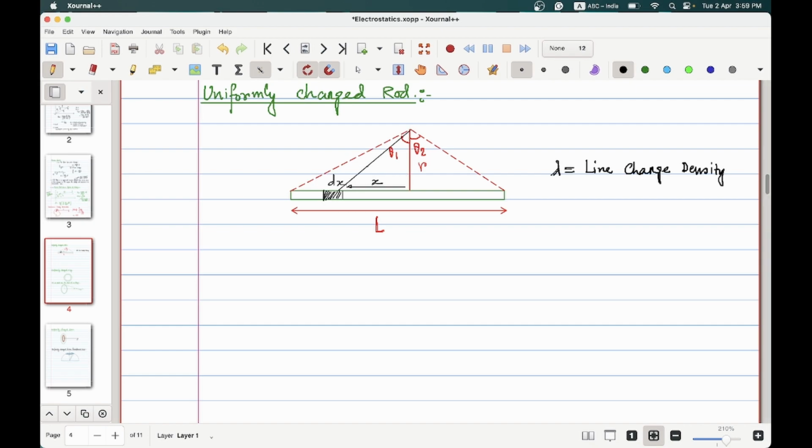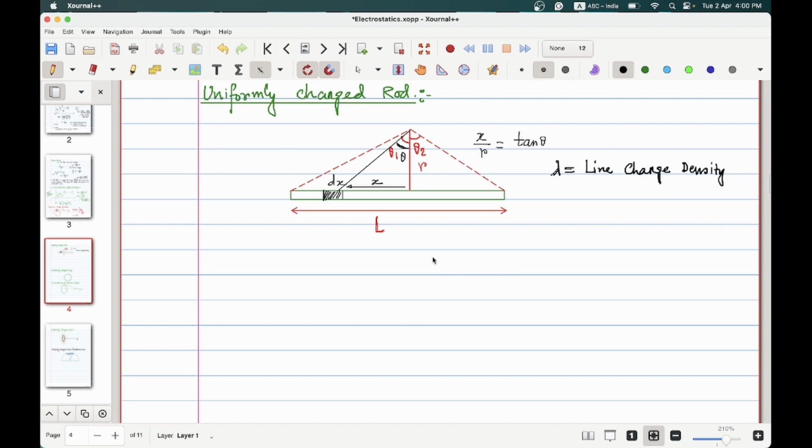So what should be this distance, and what is the relation between x and r? We are given theta 1, theta 2, and r. Let's say this angle is theta. So x by r is basically tan theta.